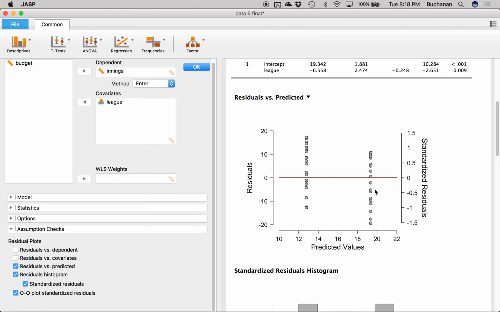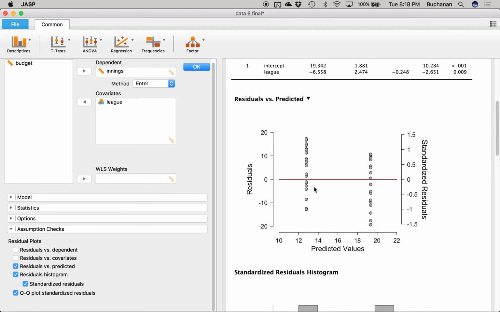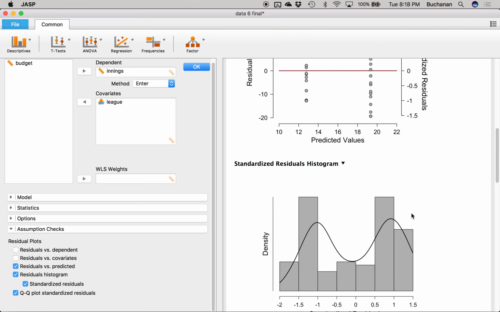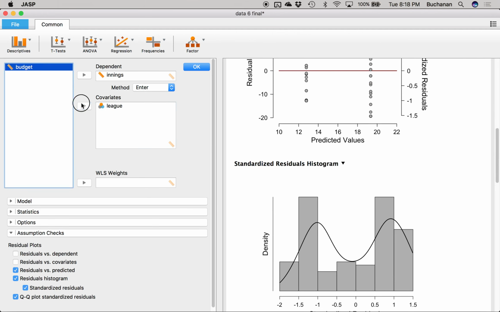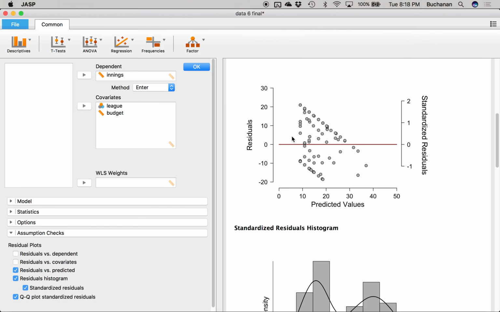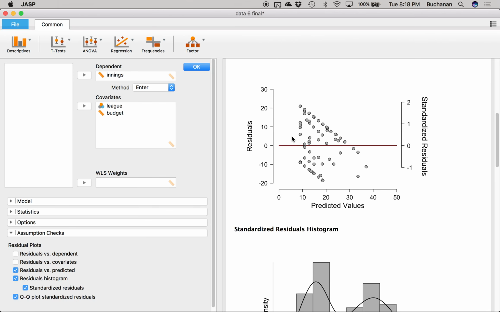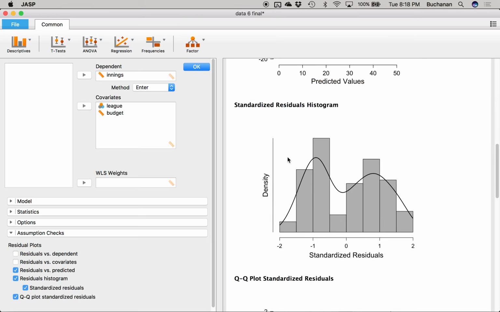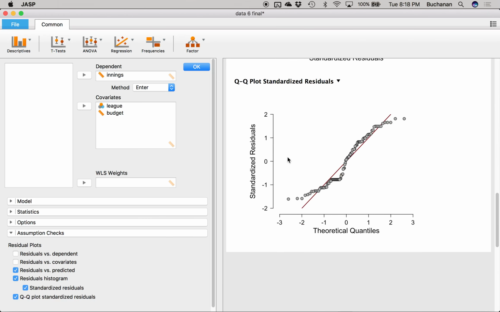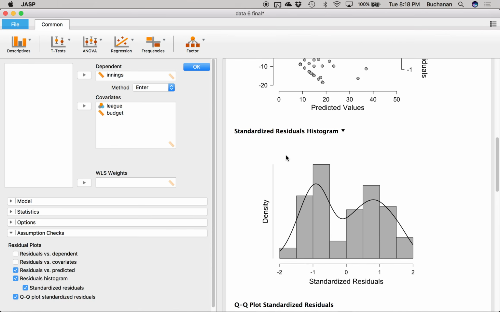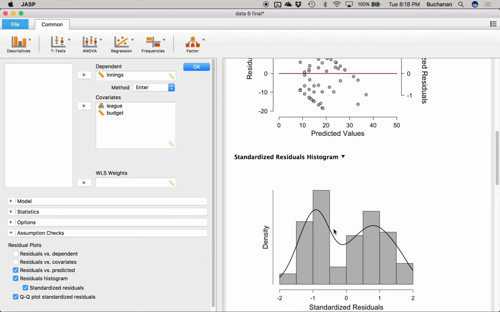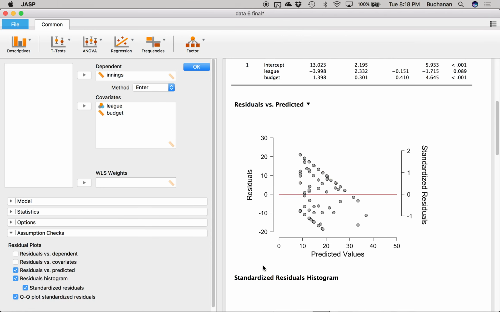The nice thing about JASP is it allows me to kind of play with them and see maybe which one it is, but it's actually both of them that are slightly problematic. So I would say that this analysis is, it's a technical term, right? It is not quite normal, and we have enough people to kind of get away with that, but heteroscedasticity is going to clearly be an issue.